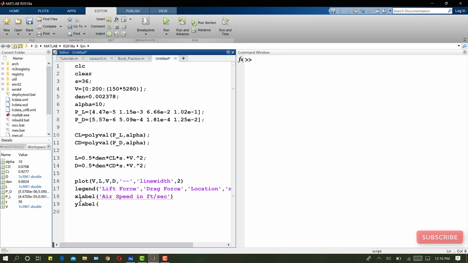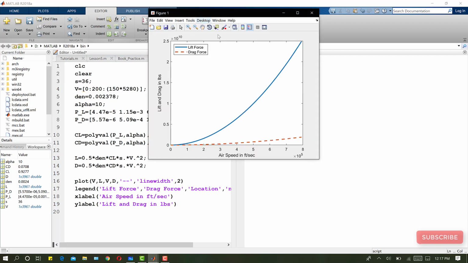So Y label is lift and drag in pounds. So if we run this, we see the legend, here is the Y label, and this is the X label: airspeed in feet per second, and lift and drag in pounds.